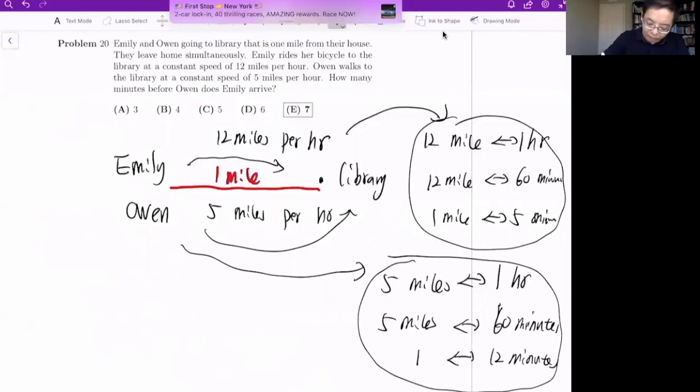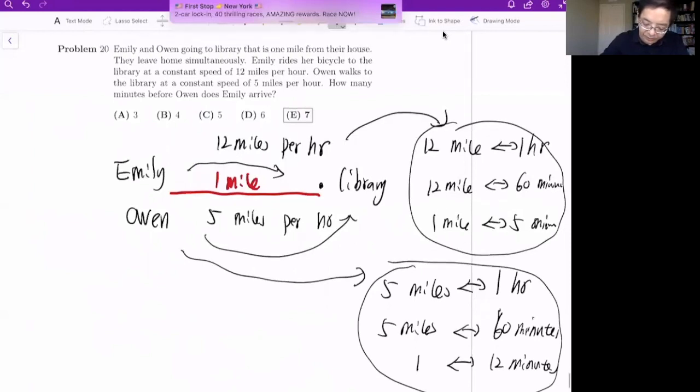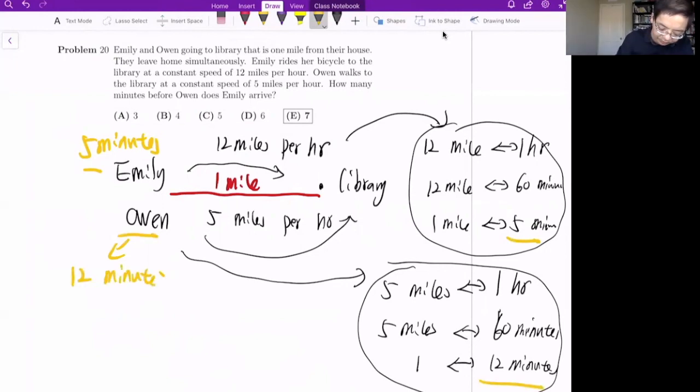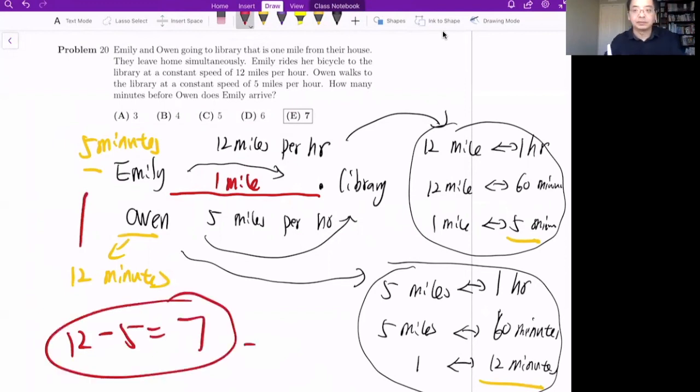That means if we change everything to minutes, Emily needs 5 minutes, and Owen needs 12 minutes. So what's the difference? 12 minus 5 equals 7.